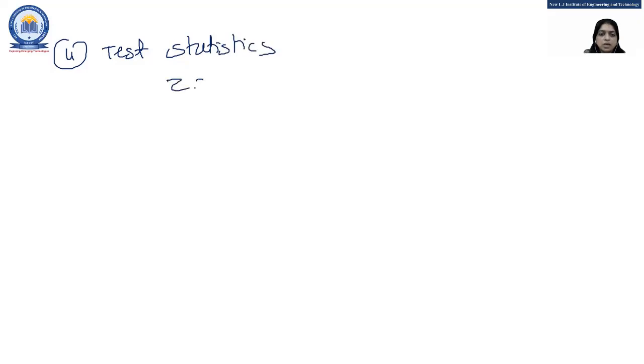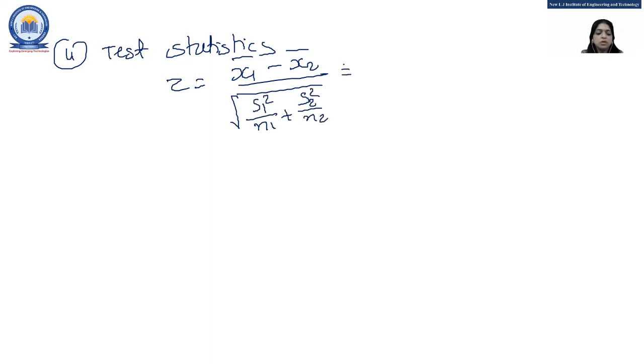Next step is the test statistic, right? So here, fourth step, test statistic. For the test statistic, Z is equal to x1 bar minus x2 bar upon square root of s1 square upon n1 plus s2 square upon n2. After substituting all values in this formula, we'll get 11.32.